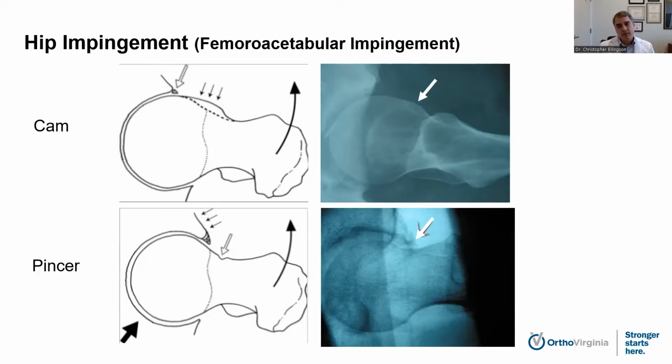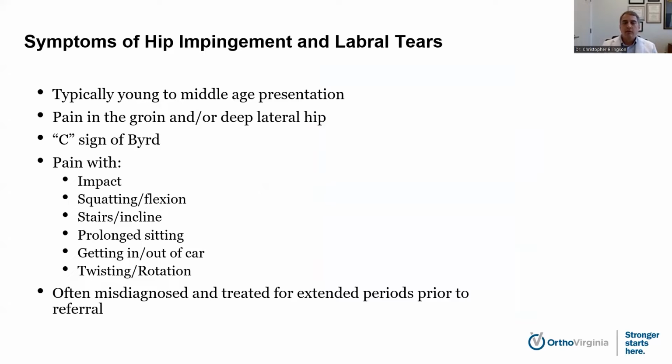The second type originates from the socket side in patients that may have a socket that is deeper than normal or sometimes rotated slightly that places them at risk for developing the hip impingement symptoms. So who has hip impingement and who gets labral tears?